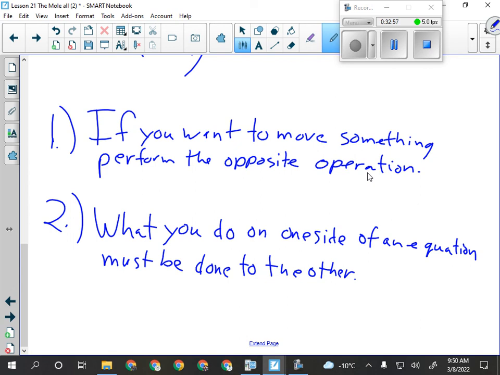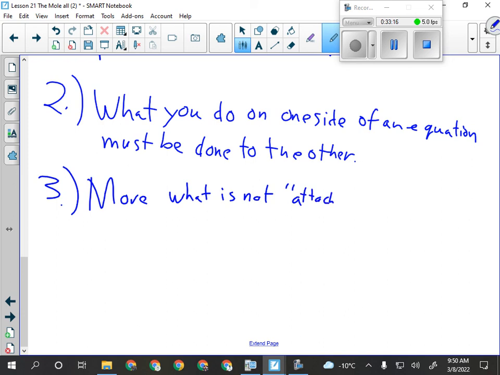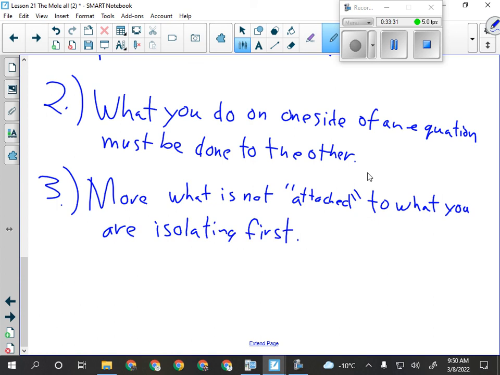We'll only need those 2 rules for the mole equation, because it's only a 3 variable formula. But there is a third rule that we'll use when we get to physics. And that third rule is: move what is not attached to what you are isolating first.